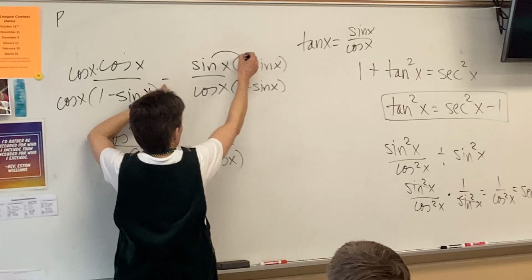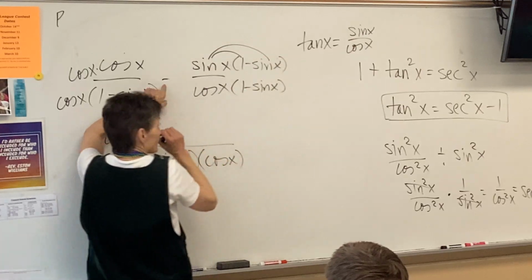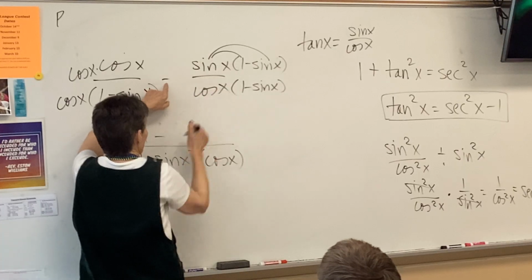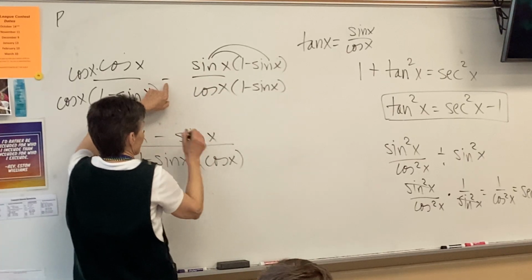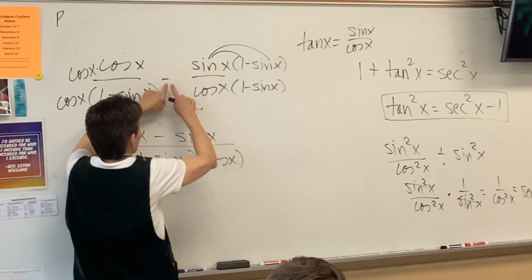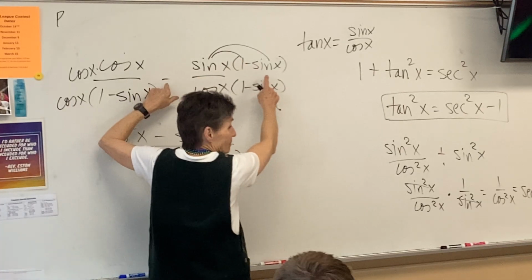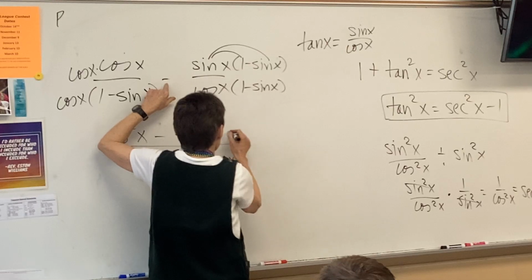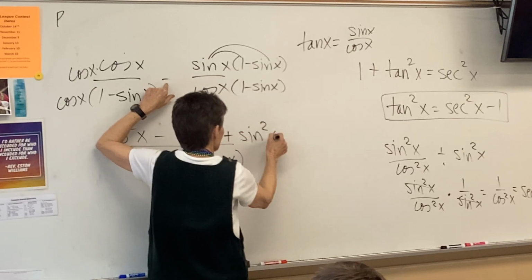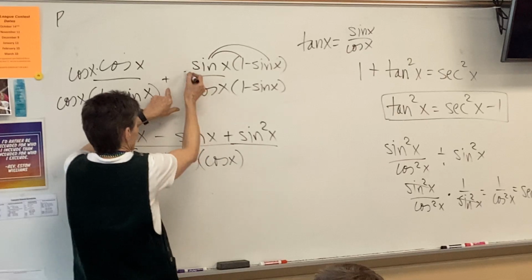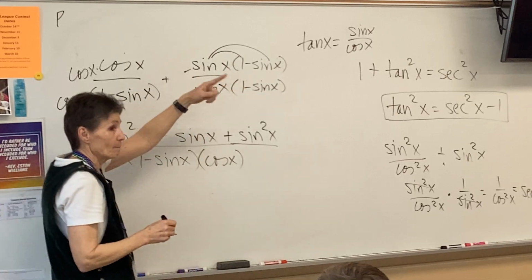This is a distributive. So I'm taking minus sine times 1, negative sine, and minus sine times minus sine, positive sine squared.